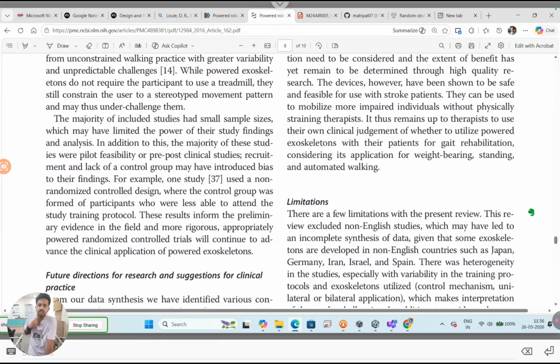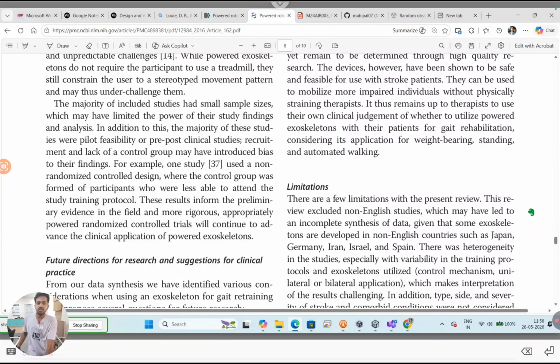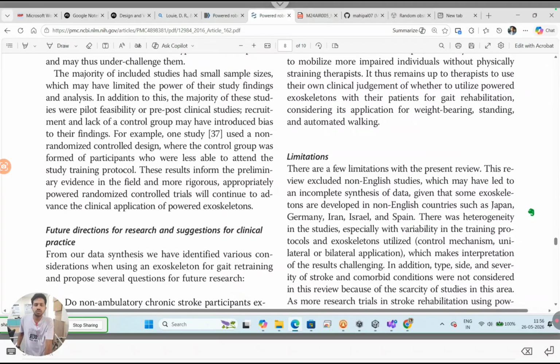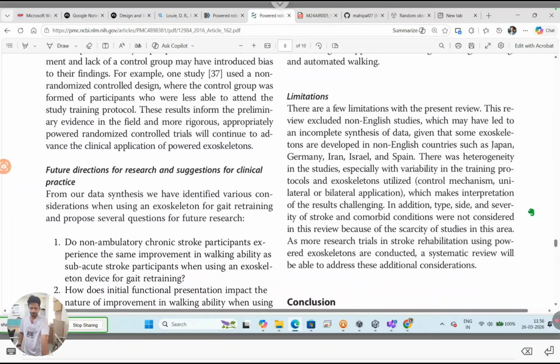For example, one study used a non-randomized control design where the control group was formed of participants who were less able to attend the training protocol. These results inform the preliminary evidence in the field, and more rigorous, appropriately powered randomized controlled trials will continue to advance the clinical application of powered exoskeletons.